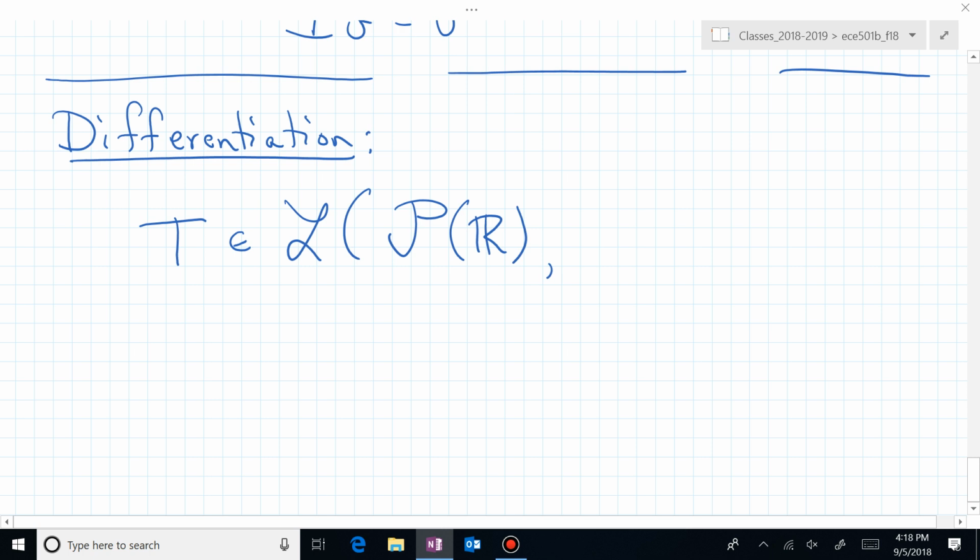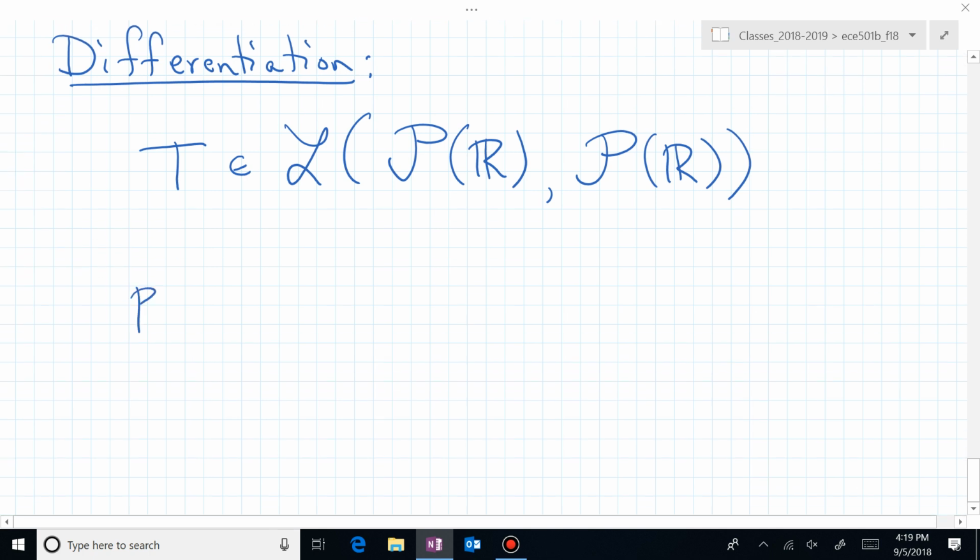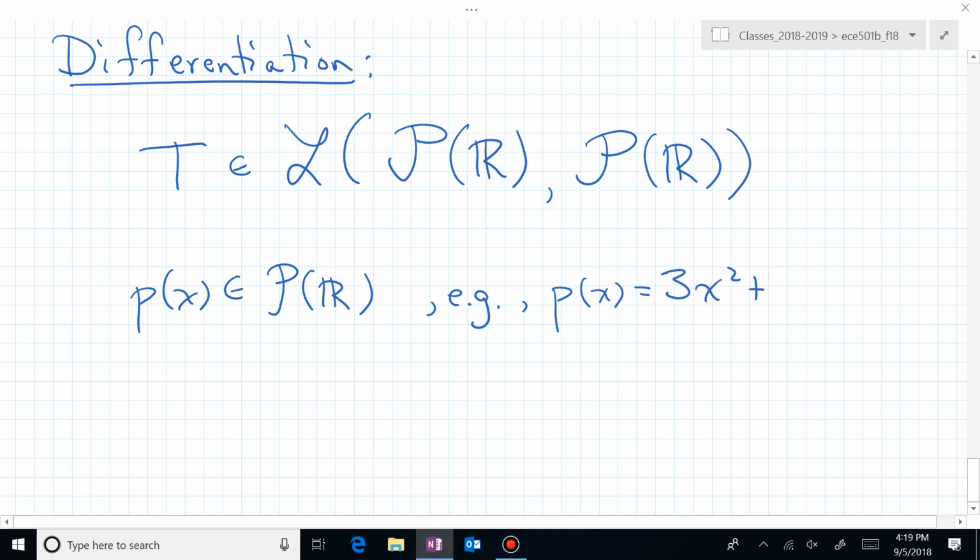And if we now have polynomials that we're differentiating, what's the output vector space? Same. So it's now this script P of R. Or if we now have a vector, p of x, that's in script P of R, for example, let's say that now p of x is equal to 3x squared plus 2x plus 7.